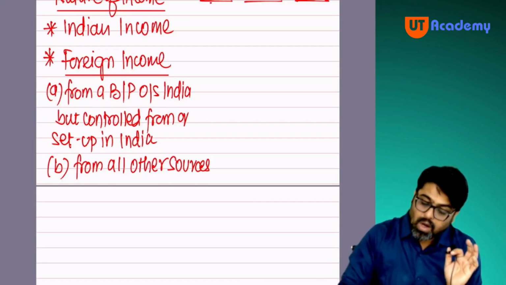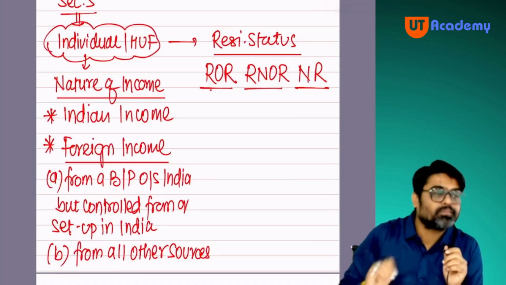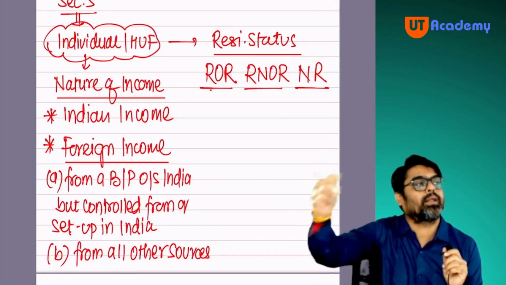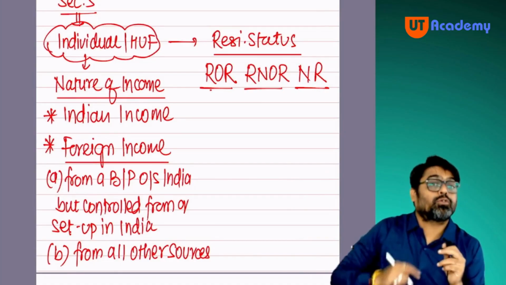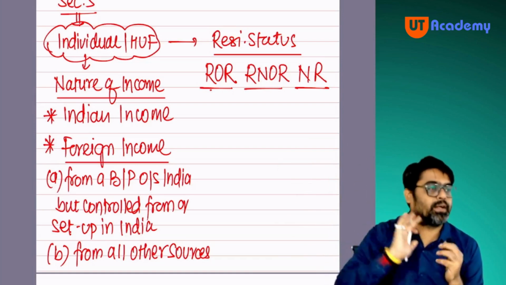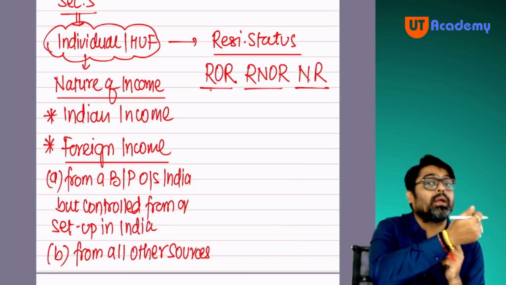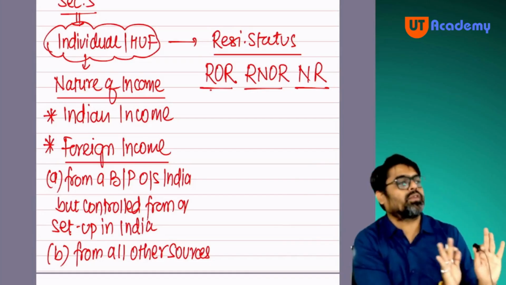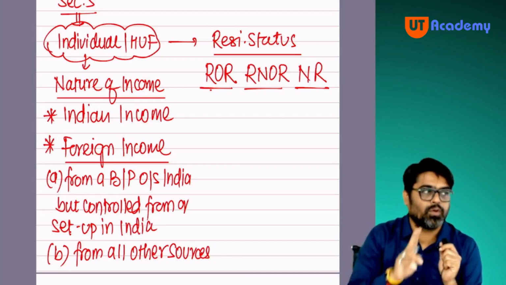Now see, this individual or HUF is going to calculate his total income. Which incomes will be considered to calculate his total income and which incomes will be left out depends on two things.